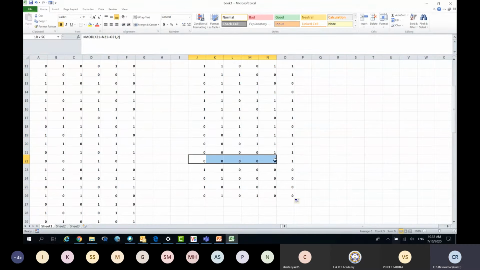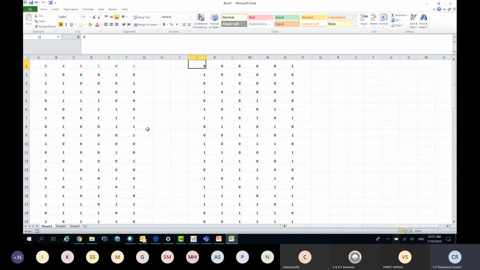See, it repeated here itself. So you can see that this only generates 21 states. It started from the 0001 state here, right? Then unfortunately, within 21 states, it went back.